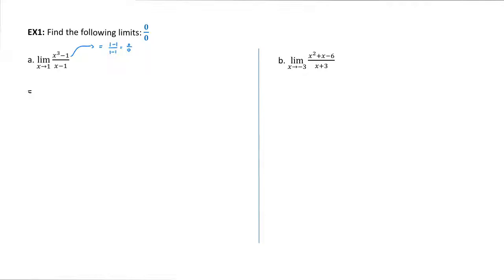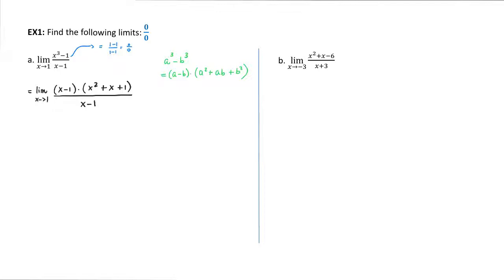In algebra, we said that if we have a to the third minus b to the third, this factors as a minus b times a squared plus ab plus b squared. So then, putting this in action, we notice that x cubed minus 1 will factor as x minus 1 times x squared plus x plus 1, all this divided by x minus 1.